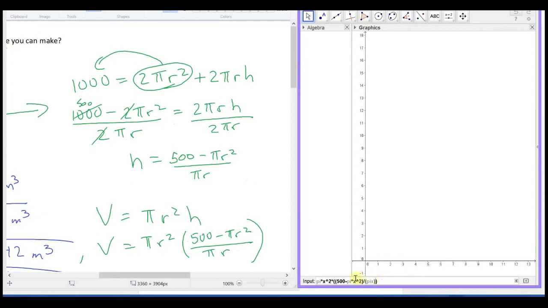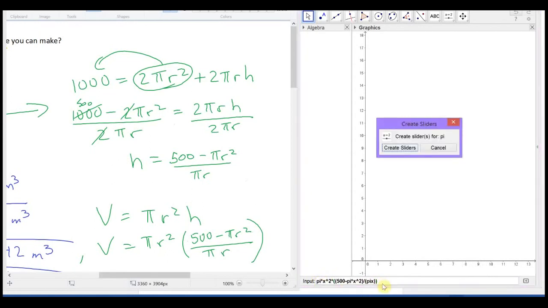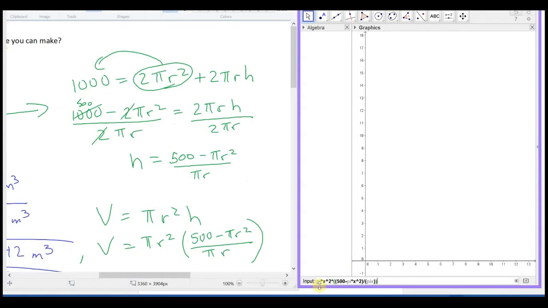Now I'm not sure if I did the pi correctly here. I see I have a symbol button. I bet it wants me to use this symbol button for pi instead. Let's try that. I'll just try graphing it, see if it lets me. Create a slider for pi? No, I don't want to create a slider for pi. I know what pi is. So we could either put 3.14 here or we could use the symbol.